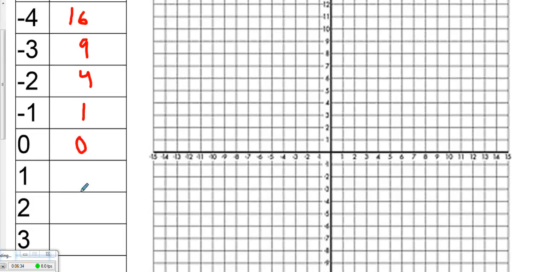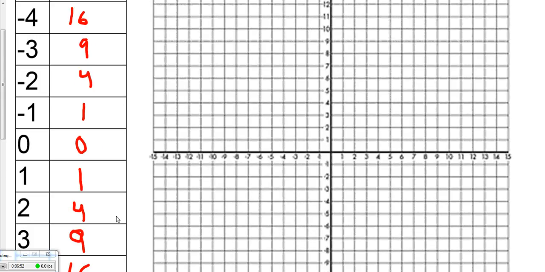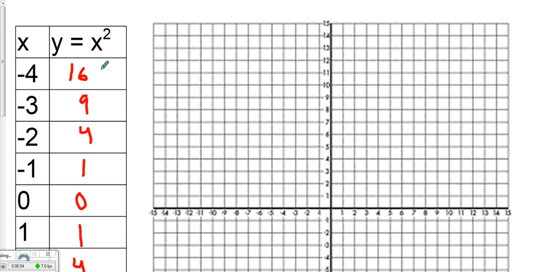Then 0. Then 1. Then 2. Oops. Sorry, that wouldn't be 2. That would actually be 4. So 1, 4, 9, and 16. So again, all I did was plug my x values into the function.